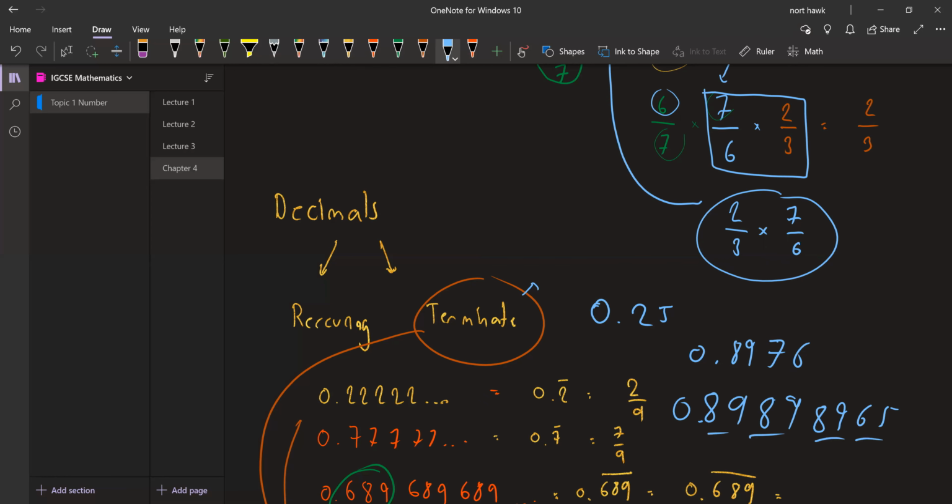It terminates, and these can be written as a fraction as well. 0.25 is a quarter out of the whole, so it's 1 over 4, and you could convert it very easily. This you can write as 8976 over 10,000, and you could cross them out, try to simplify it, and the logic will also work with the rest.